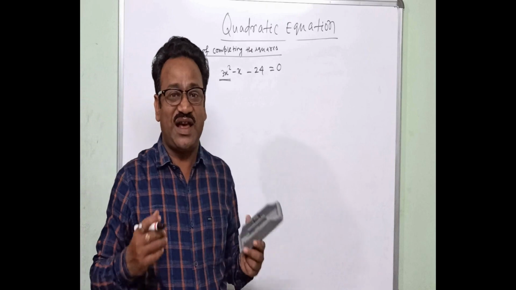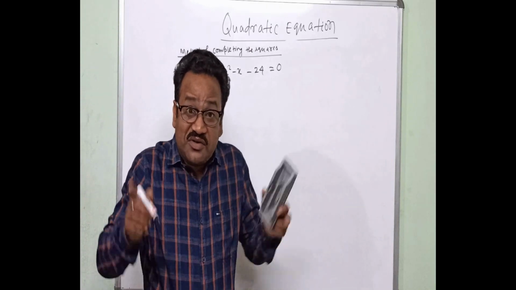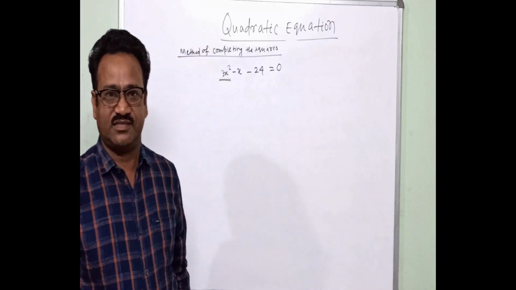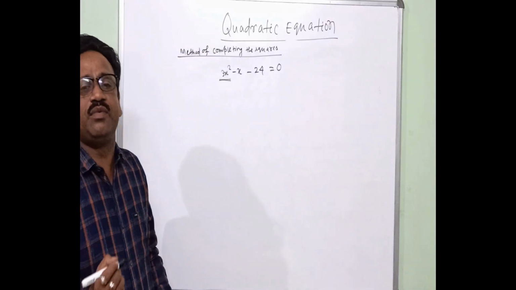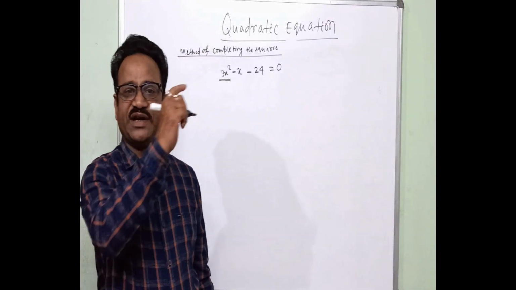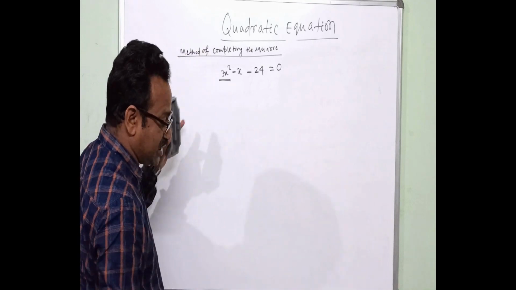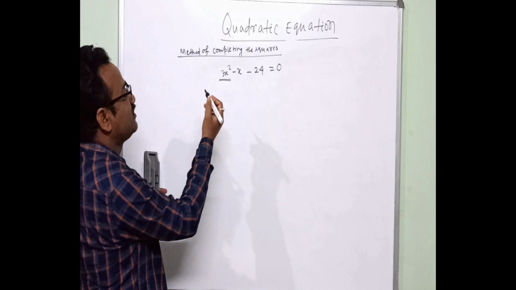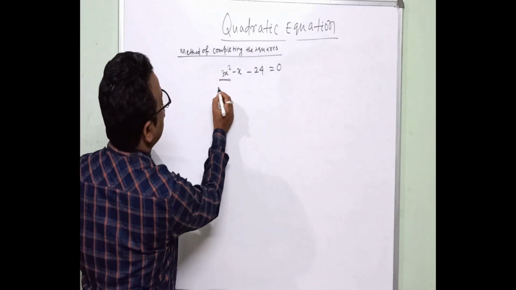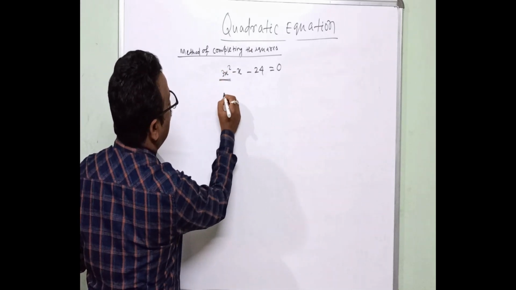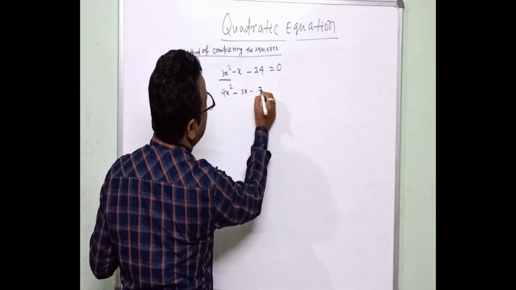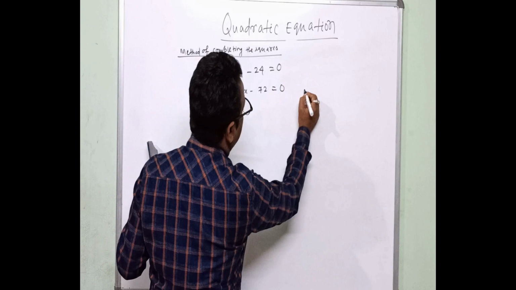Either we have to multiply or divide by a suitable number to make it a perfect square. So I will do it by multiplying by 3. So now I write 3x square minus 3x minus 72 is equal to 0.